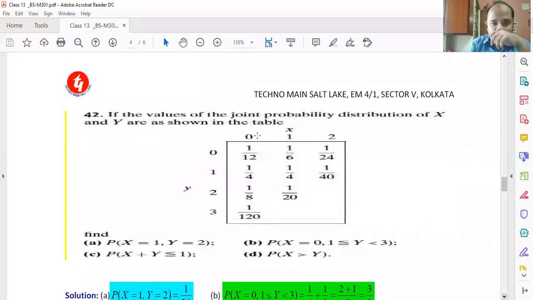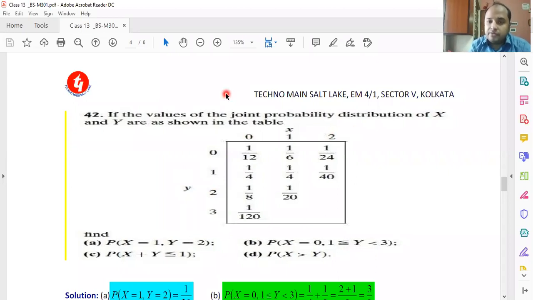Here is a problem which I have chosen from the exercise of joint probability. In the previous problem, some conditions were given, the definitions of the variables were given, and we found the probabilities in tabular form.